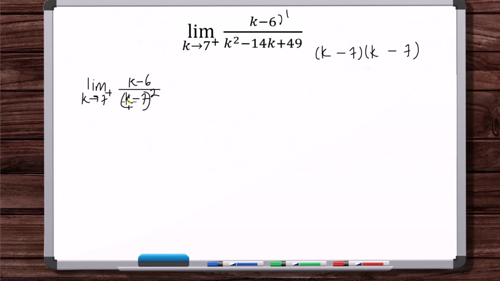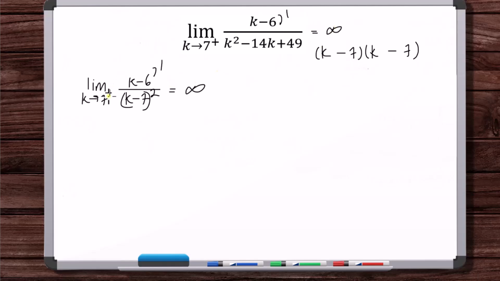But from the right, you always get 7.01 minus 7, 7.0001 minus 7, so it's always some tiny positive number. You square that, you get a tiny positive number. Then the numerator is approaching 1, so 1 divided by a tiny, tiny positive number is infinity. So this is an infinite limit that's equal to infinity.